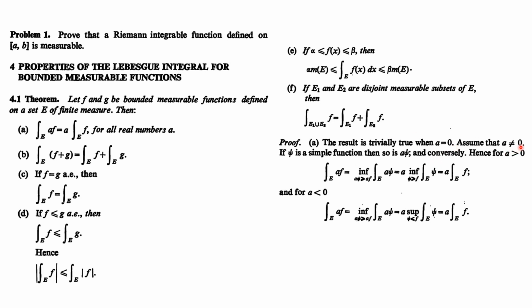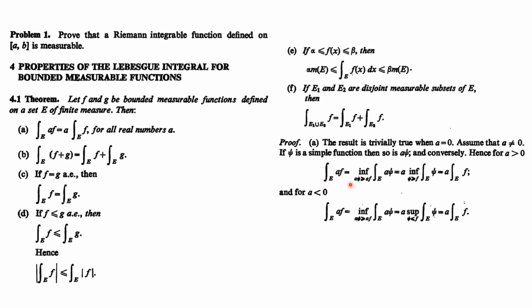So we assume that a is a non-zero number, and first we assume that a is a positive number. Now we consider psi a simple function; then clearly a constant times psi is also simple, and the same way the converse.